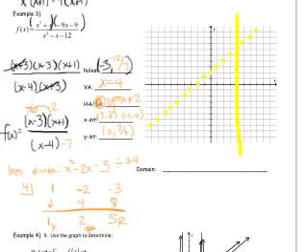Then I'm going to plot my x-intercepts. That's at 3, 0. And at -1, 0. And I'm going to plot my 0, 3/4. And this one is really, really clear. There's only really one way to do this. If I connect these 3, I'm going up, and I've got to come back around.